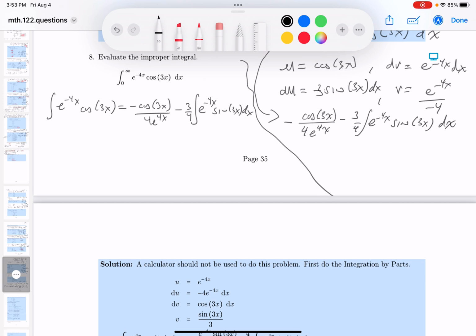It didn't get any worse. It looks like the same problem, actually, of the same level of difficulty. So I'm going to try again.